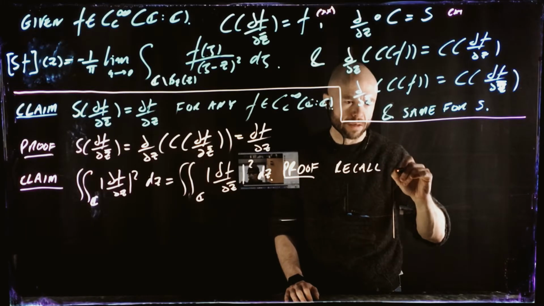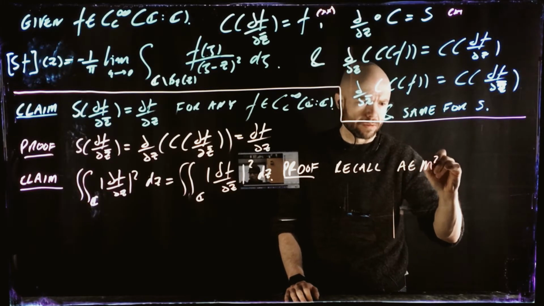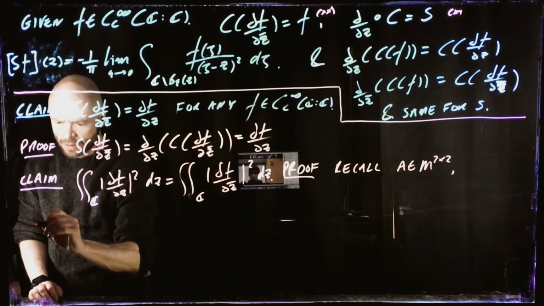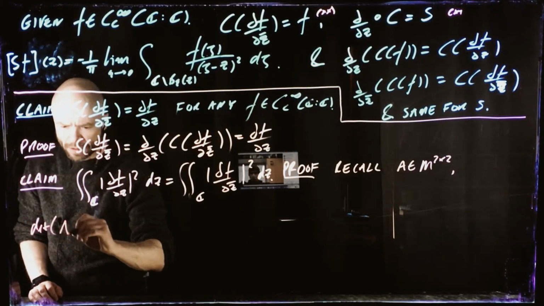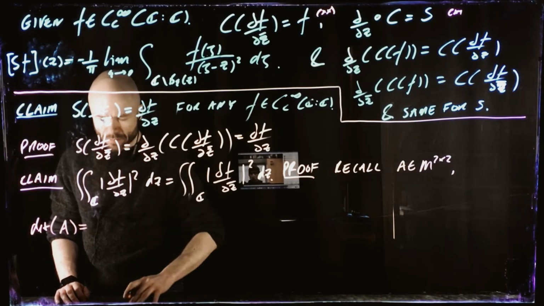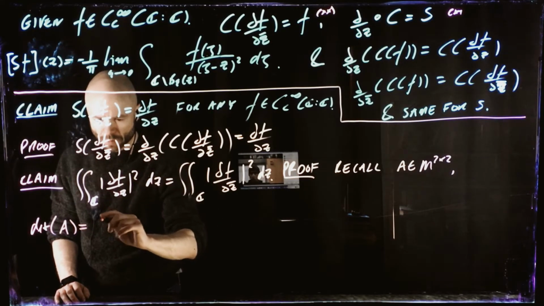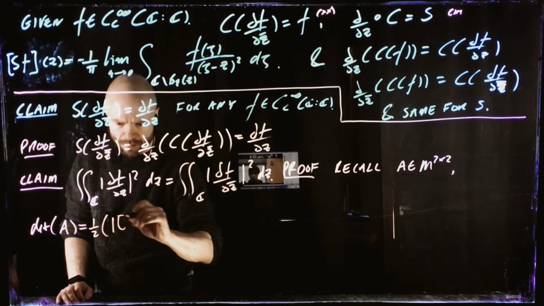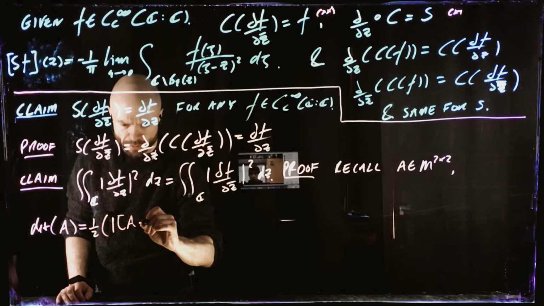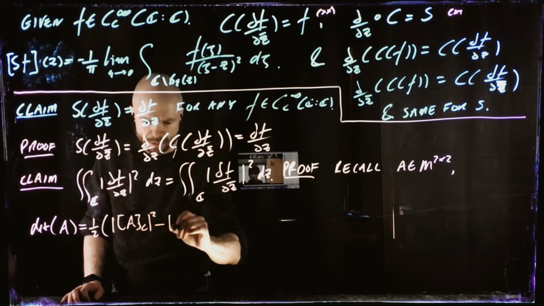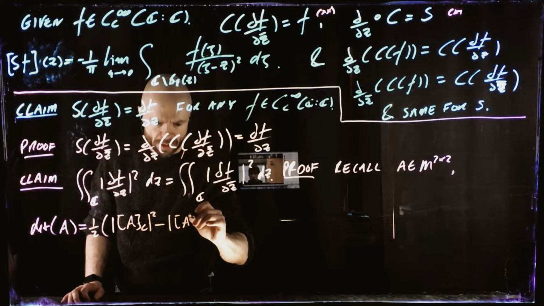Recall, if we take matrix A belonging to 2 by 2, then I claim that the determinant of A is the same as 1 over 2, the Hilbert-Schmidt norm of the conformal part of the gradient squared minus the anticonformal. After this, I'll just write this out and show this to you.